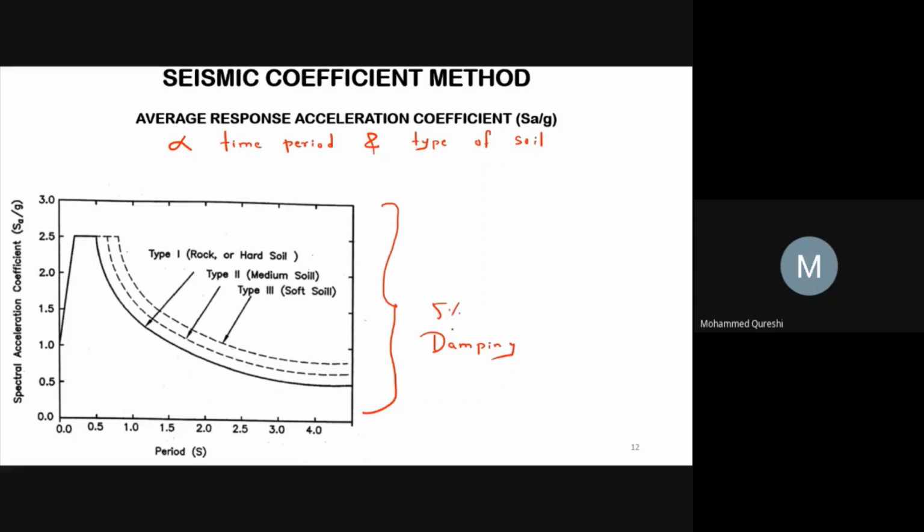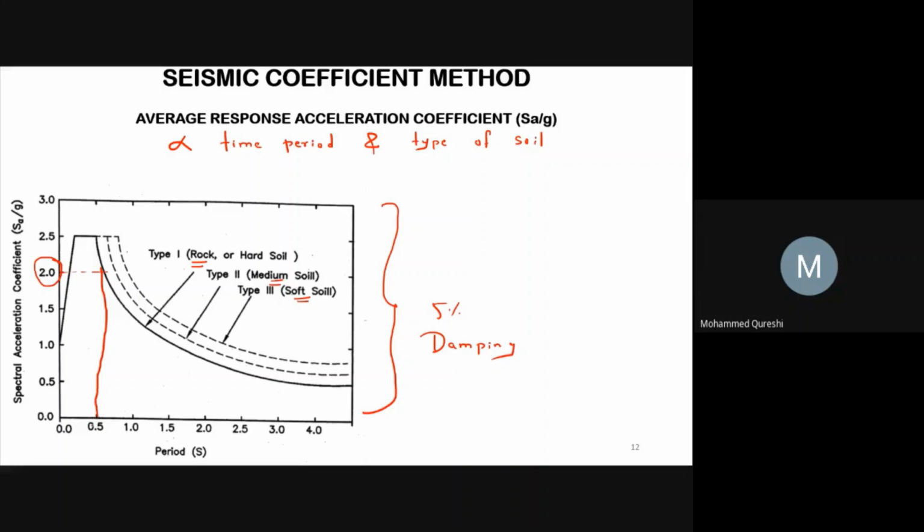So, how would you check your Sa by g value depending upon the time? Suppose here you got the value of time, or we can say the natural period, 0.5. So, you have to just draw a line like this, and depending upon the type of soil, whether it is rock soil or hard soil, medium soil or soft soil, you have to just connect your Sa by g coefficient this way, and from that you will achieve the value of Sa by g as 2.